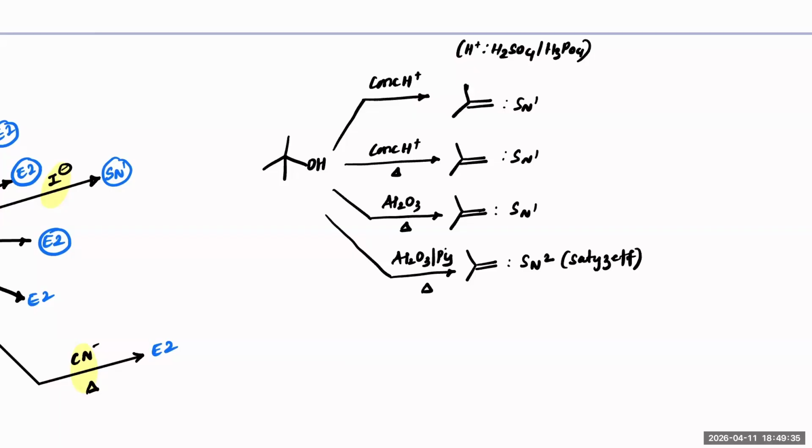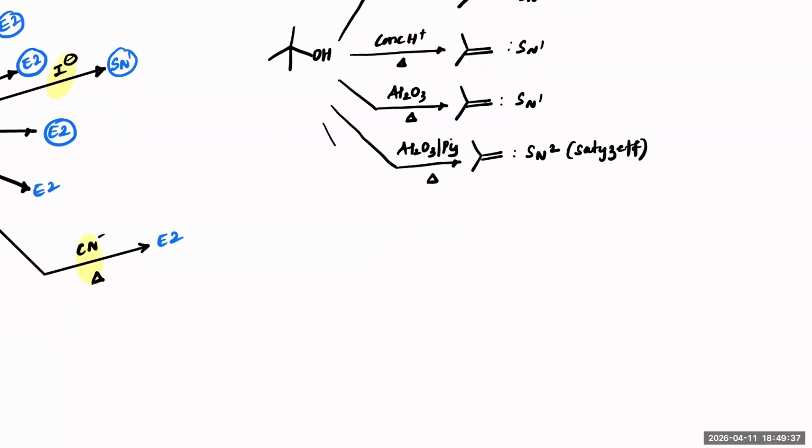When there is a difference, you need to select. And if you have SOCl2 and heat, POCl3 and heat, any one of that, again you will get the same product here, which is Saytzeff, and this one alkene.